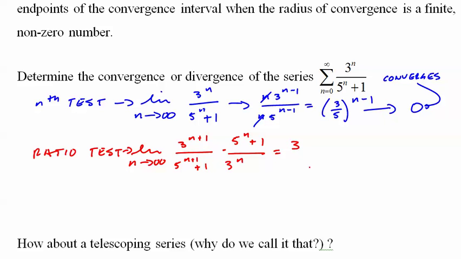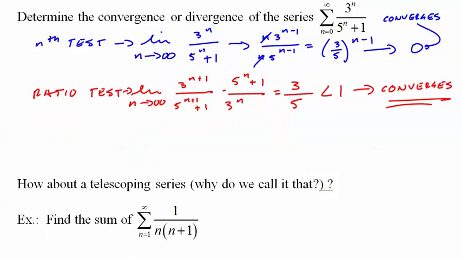Gives me 3, and eventually, I'm skipping the math here, 5. This is less than 1, so it converges. If you need to go back and figure out how I got from here to here, go look at your limits. I could have used L'Hopital's rule. I could have done all sorts of things, but I'm cutting to the chase, running out of time.